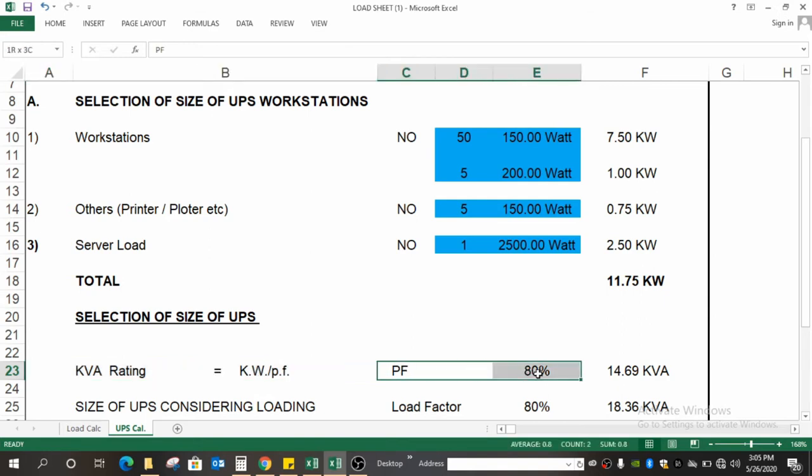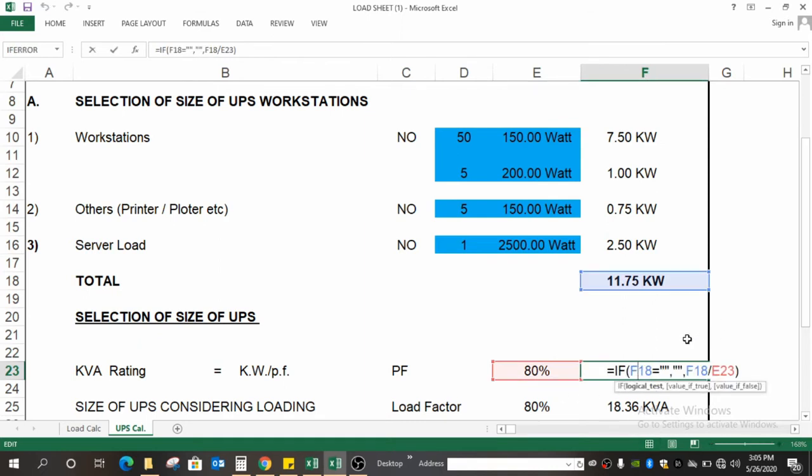In the normal case, in India, we consider the power factor as 80% or 0.8, so that we get 14.69 kVA. As you see in the formula, F18 divided by E23.